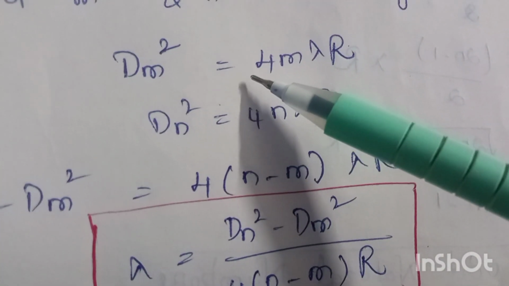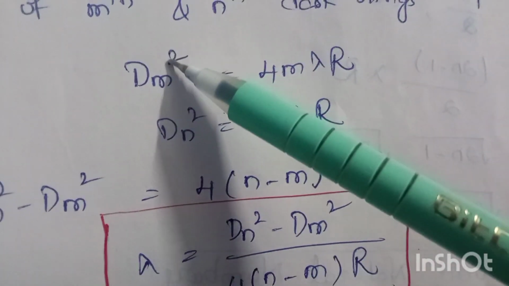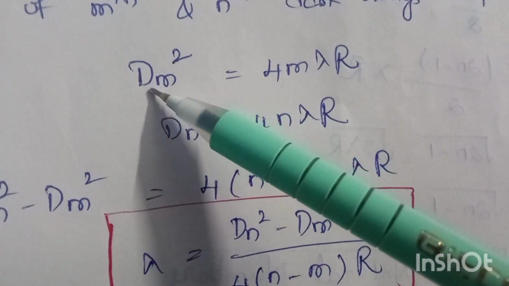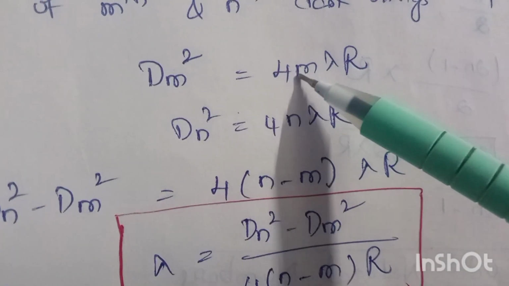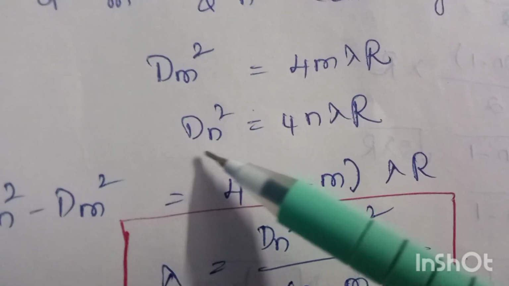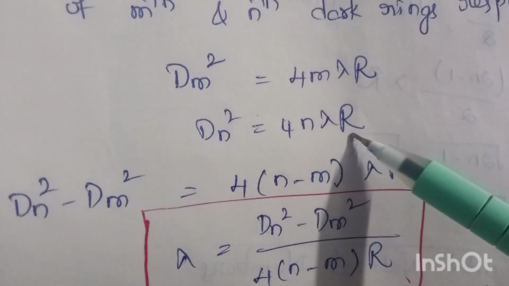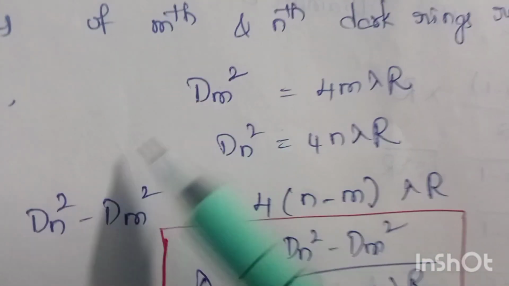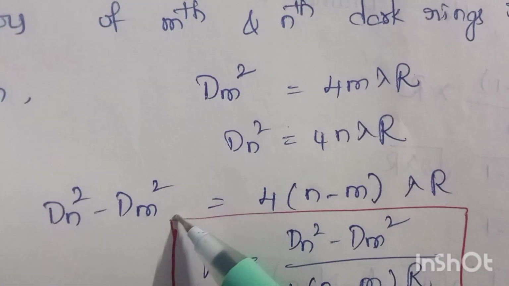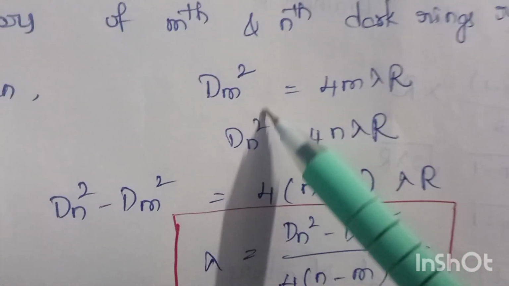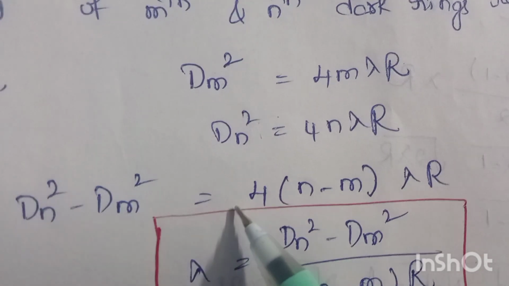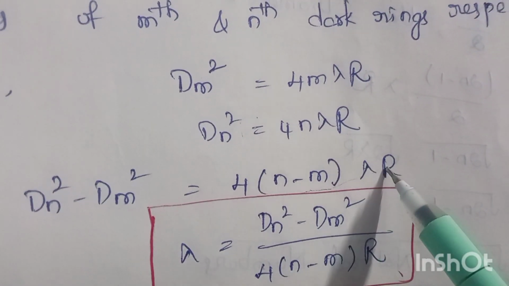If we consider only the mth dark ring and the nth dark ring, dm square for the mth dark ring is equal to 4m lambda R, and for the nth dark ring the square of the diameter is equal to 4n lambda R. So dn square minus dm square is 4 into n minus m into lambda R.